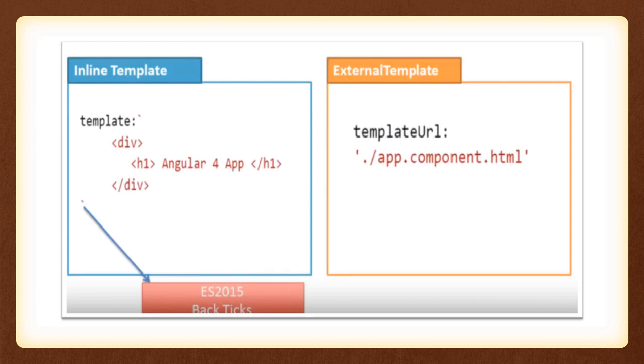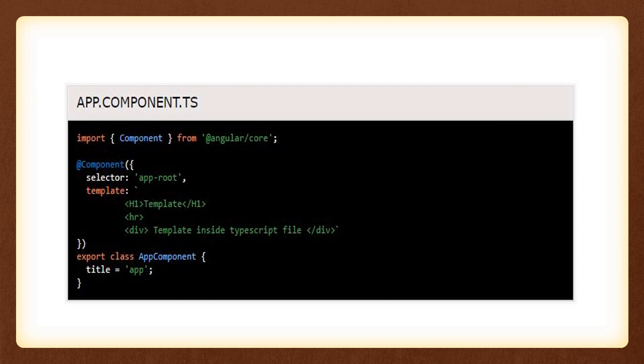I will show you how this code looks in an Angular project. This is my app.component.ts component class. It is decorated with @Component, and here I am using template as a property. I used backtick characters and wrote some HTML content: an h1 tag, an hr tag, and a div with template written inside the TypeScript file inside the div.